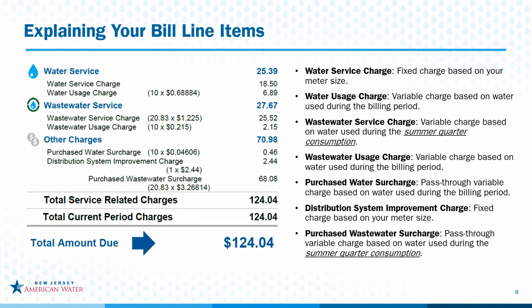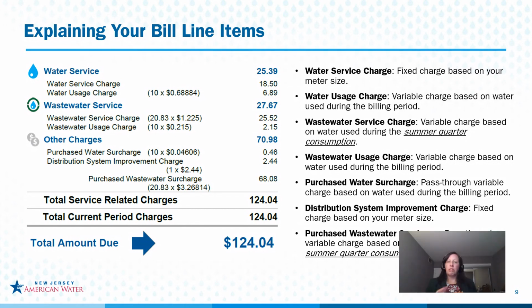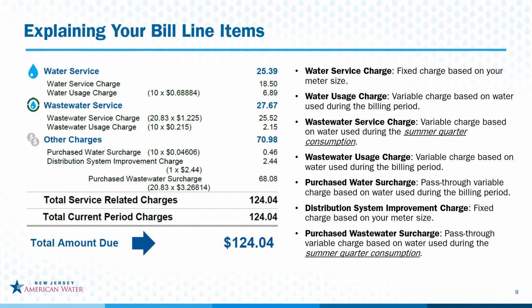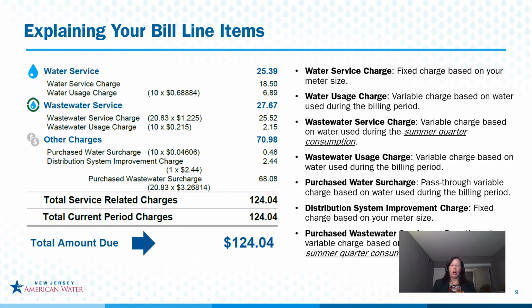So I'm going to take a few minutes and define, as we saw, these charges are fixed and variable, but I'm going to give you a little bit more on a couple of them. The purchased water surcharge covers the cost New Jersey incurs for purchasing water from other water purveyors, PWAC, as I mentioned.